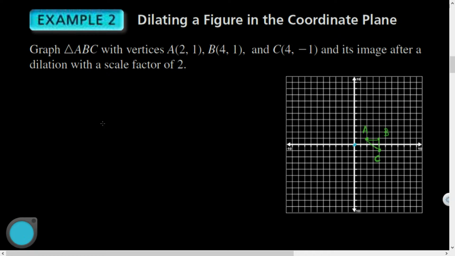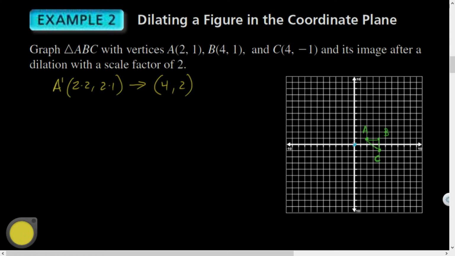So what we can do for A prime, we'll do this the proper way, using the property we just had. A prime is going to be 2 times 2, 2 times 1, which is the same as (4, 2).